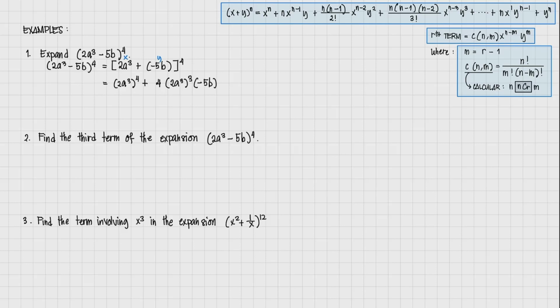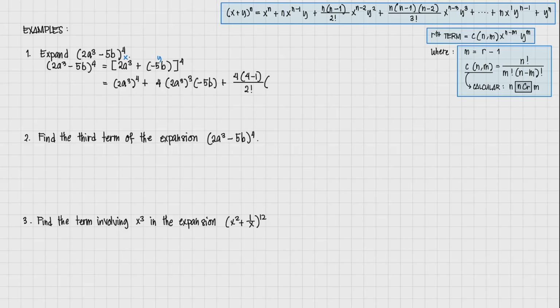And then, plus n, which is 4, times n minus 1, which is 4 minus 1, so let's put 3, then 2.